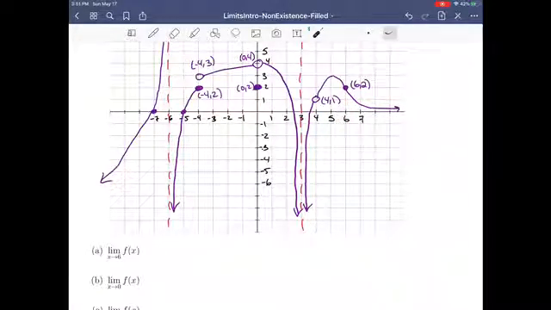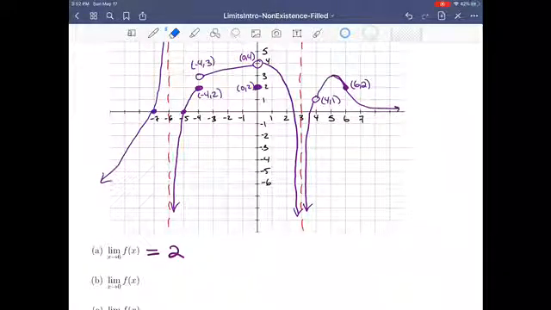We're going to be approaching along the curve from both of these directions, and we're approaching this point, and this point has y value 2. So this limit is just equal to 2. It's a nice point.